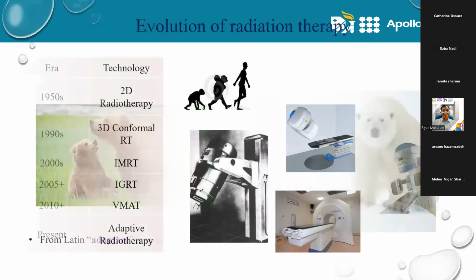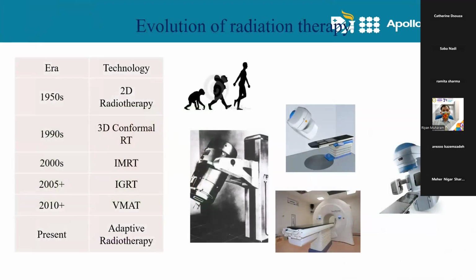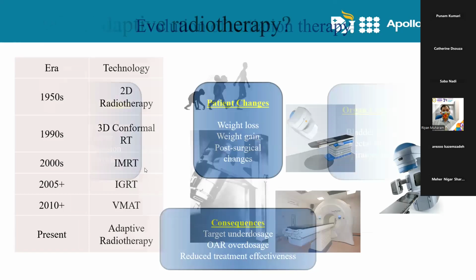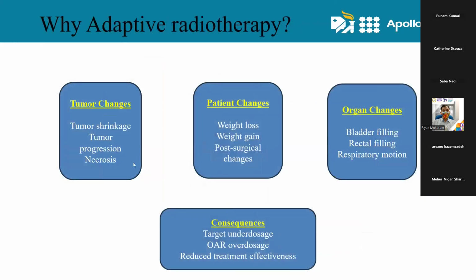Radiotherapy has evolved from two-dimensional radiotherapy to three-dimensional conformal radiotherapy, IMRT, IGRT, VMAT, and now adaptive radiotherapy. Each advancement has improved treatment precision and reduced dose to the normal tissues. So why do we need adaptive radiotherapy? As we know, radiotherapy is not a single-day process. It takes several weeks.